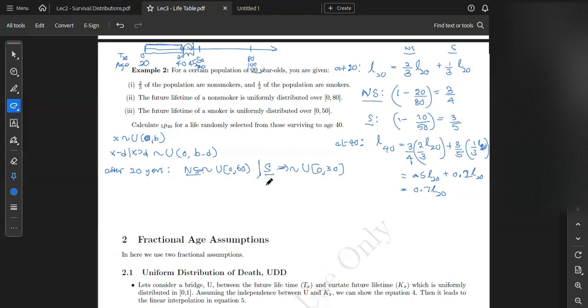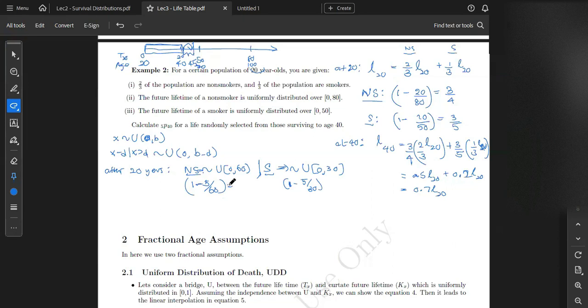In the same way, I can find the proportions like this. So we have 5 years to count. In this uniform distribution, again, the entire area is 1, and they have survived 5 years out of the 60 years they have. So this is the proportion of survivals for non-smokers, and for smokers, they have 1 as the total area, out of which they have consumed 5 of these 30 remaining years.